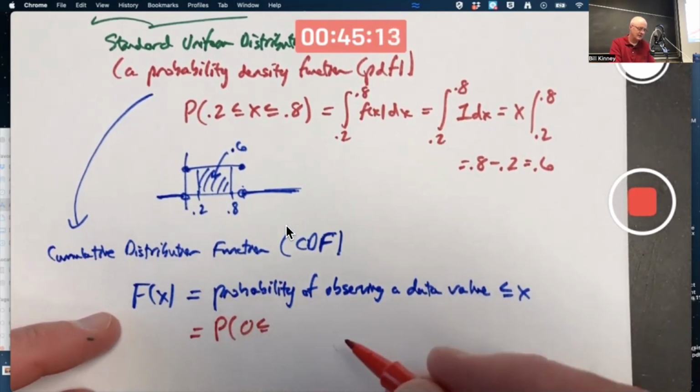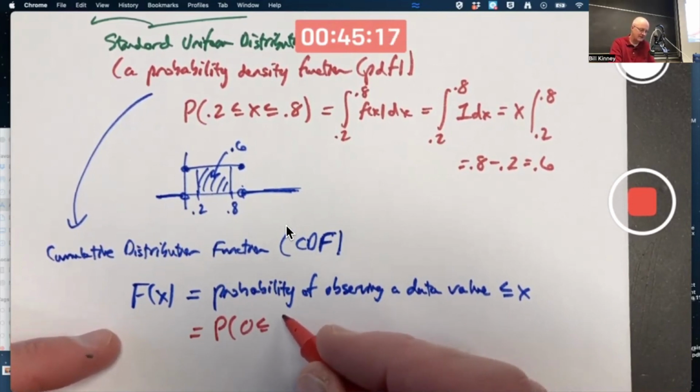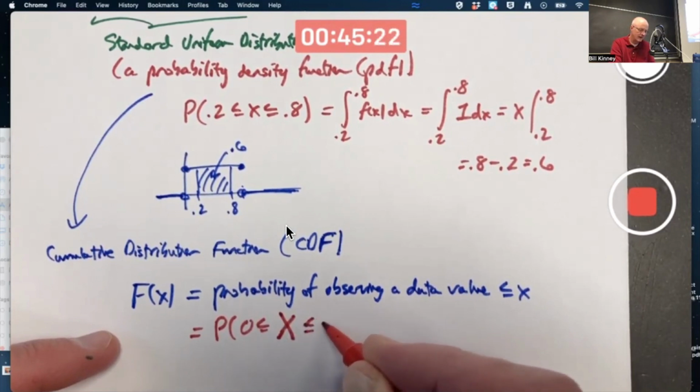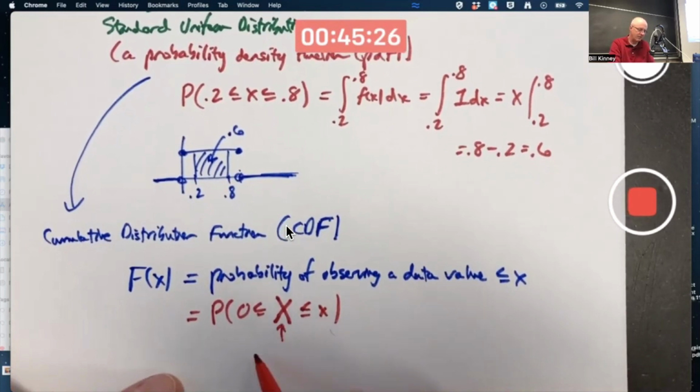I'm going to use a different letter here. I'm going to use a capital X. That's actually traditional. And the lowercase x here. It's this probability. Think of this as a random data point, and think of x as a particular number.